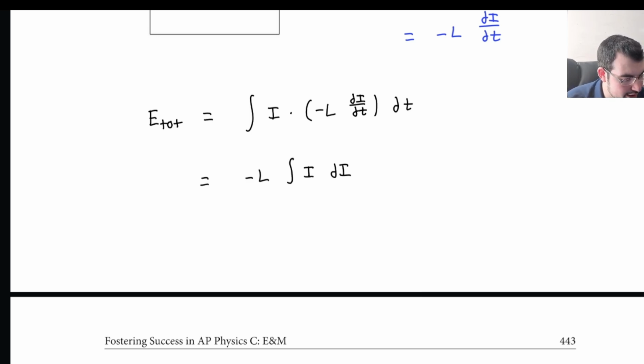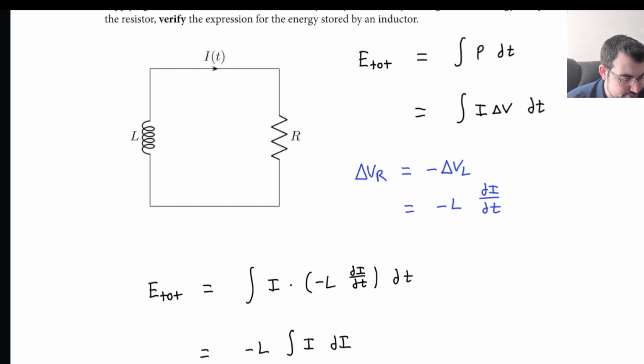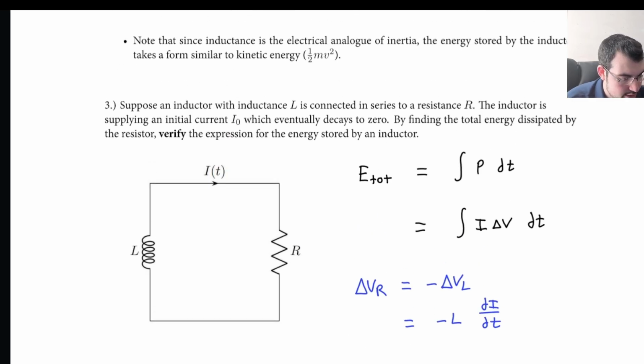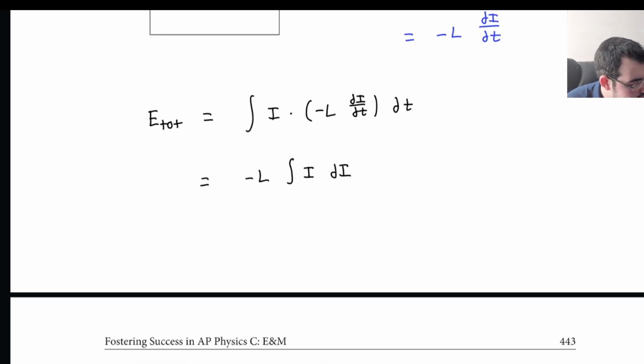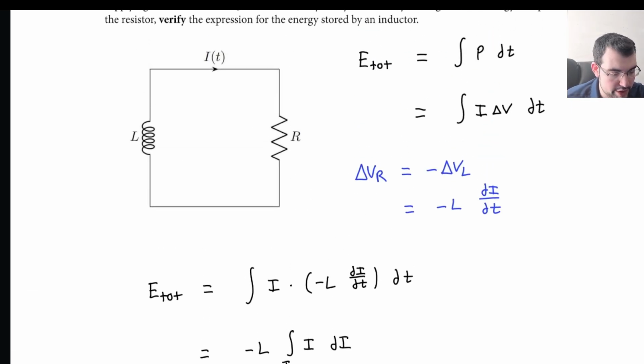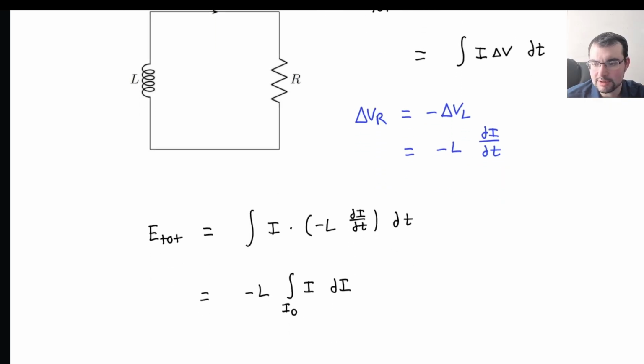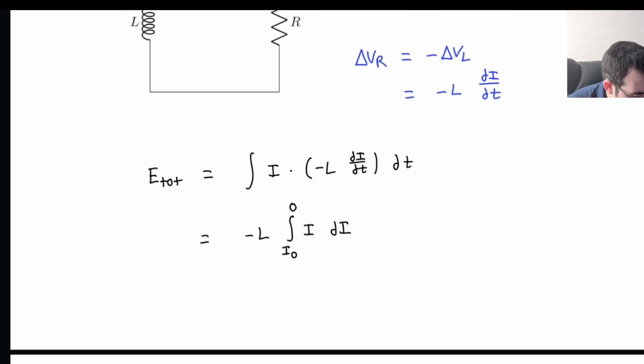So what are our integration limits? The inductor supplies an initial current I0, so our current starts from I0. And we keep going until all of the current is gone, so we end with no current. Now we can just take our antiderivative, which is I squared over 2.